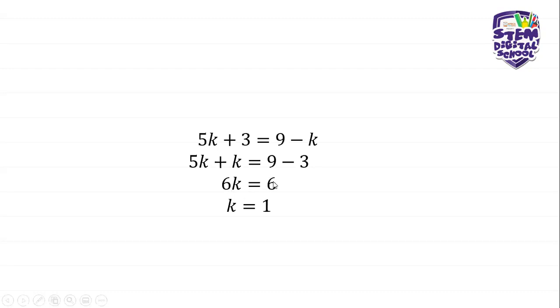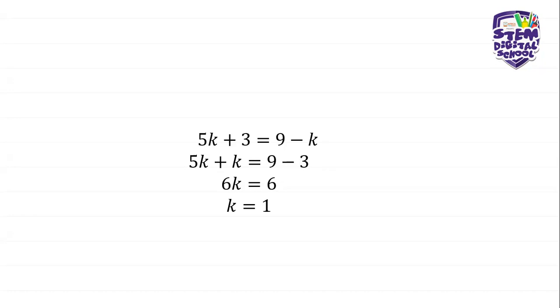And the right-hand side is 9 minus 3, which is 6. And at this point, you can see, even by inspection, that if you multiply 6 by 1, you are bound to get 6. So the left side will be equal to the right-hand side. So the value of k will be 1.